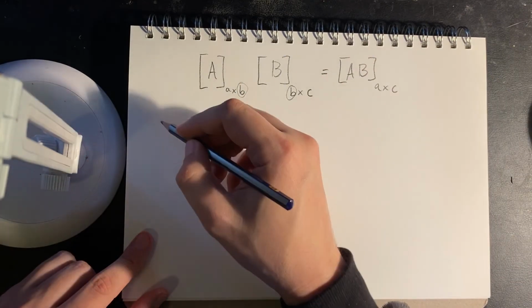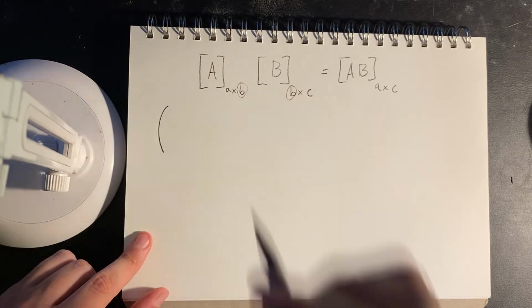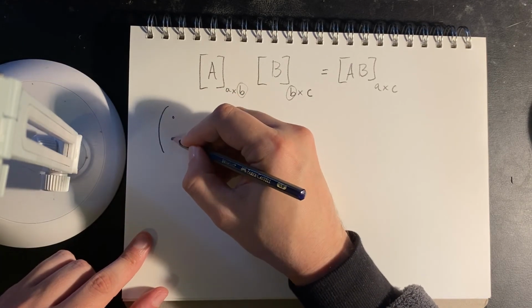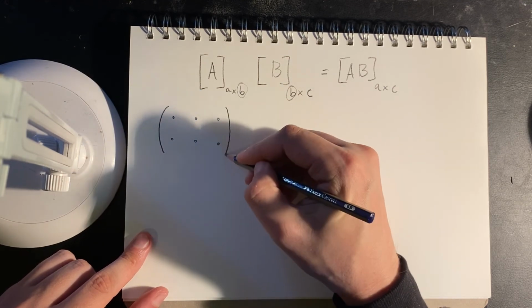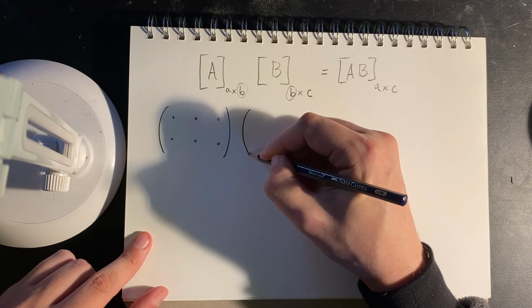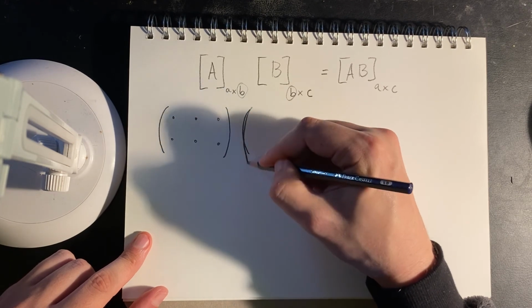So let's say, for instance, I take a 2 by 3, so 2 rows and 3 columns, and I multiply it by a 3 by 1.